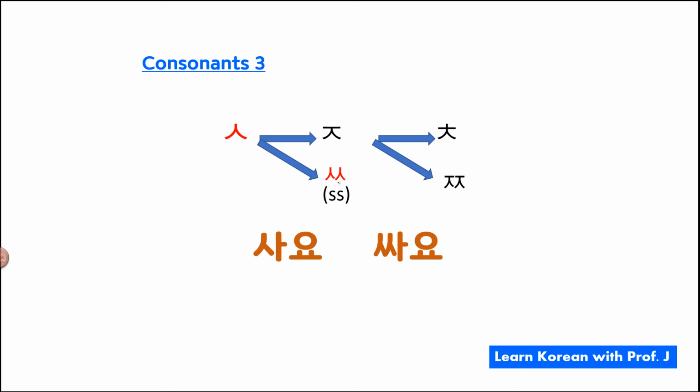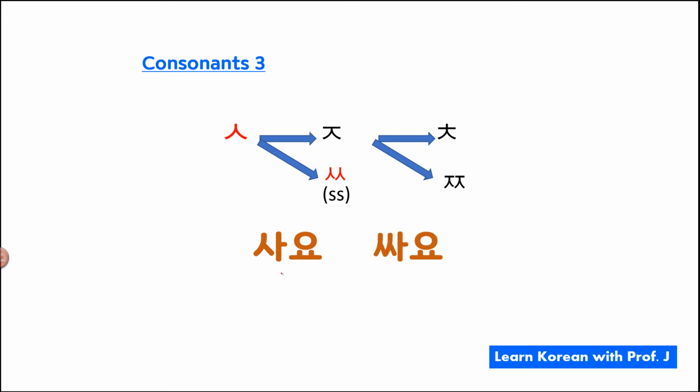As I mentioned, this makes a double S sound. What does that mean? This is an S hissing sound, and this is the tense version of it, because you have these two consonants. It makes an S sound.